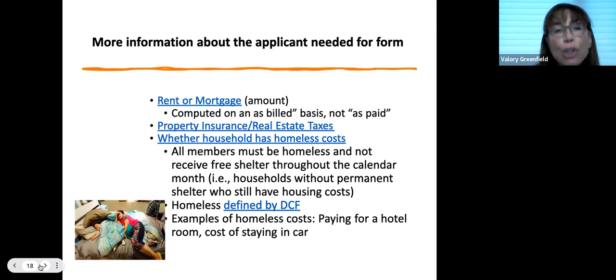So even if they don't have a mortgage, those figures will be important. If they don't have a home, find out whether they have any kinds of costs as a homeless individual, homeless as defined by the Department of Children and Families. And those costs for homeless households might be paying for a hotel room or the cost of staying in a car. Next slide.